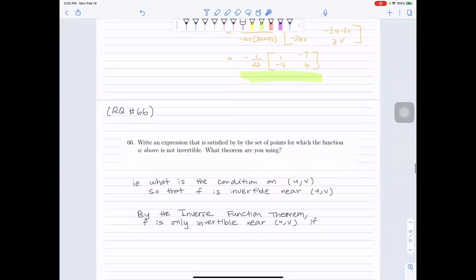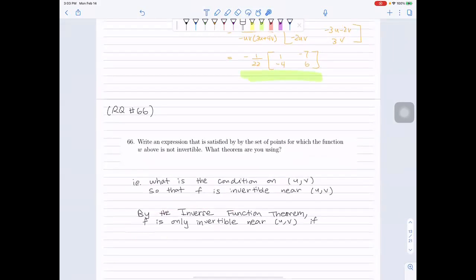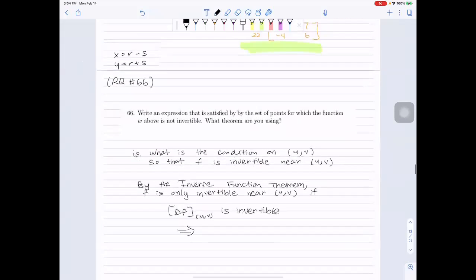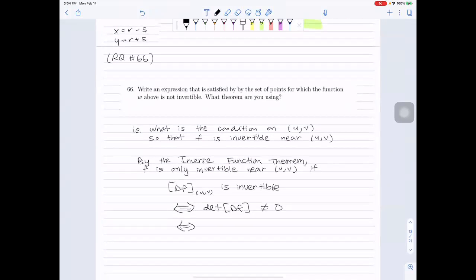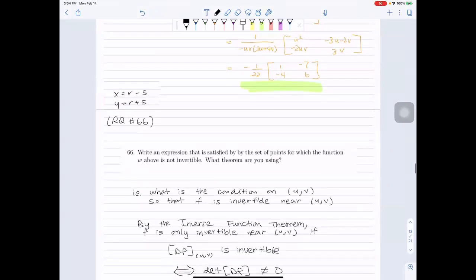So by the inverse function theorem, it's only invertible near a point if we want our derivative to be invertible. Being invertible means that we want our determinant to not be 0. That's why I used the variables above in the orange.